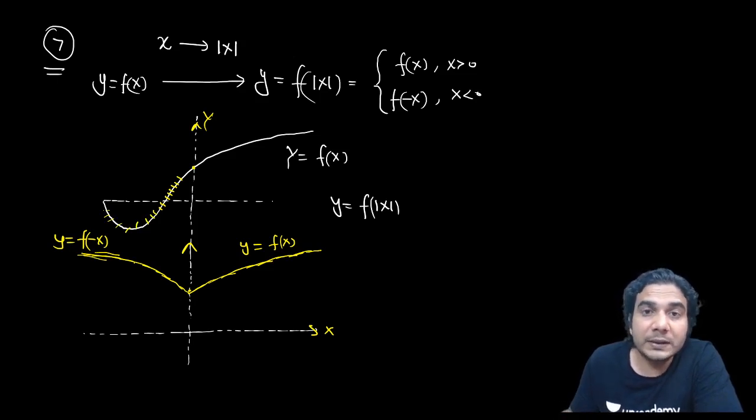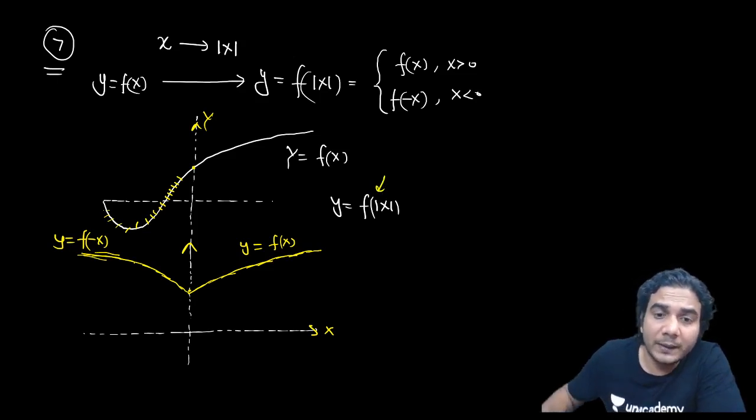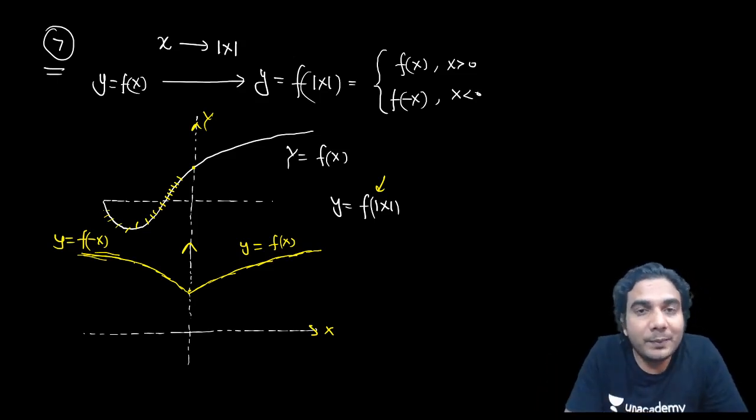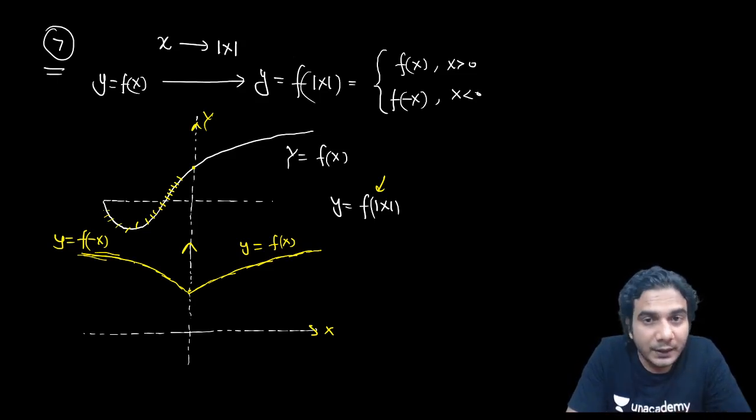Why? Because these values you get when x is negative, when your input is negative. But in this case, when you put a negative value of x, that input will become positive before it goes to f, right? You can see we are putting mod on that. So you are putting mod on all the inputs. Those inputs which were negative will become positive, and you'll get only those values which you get for positive x.